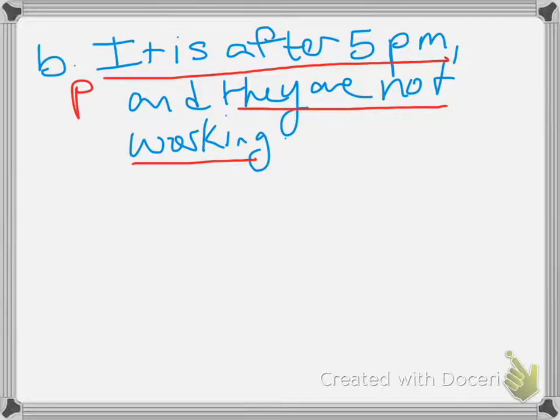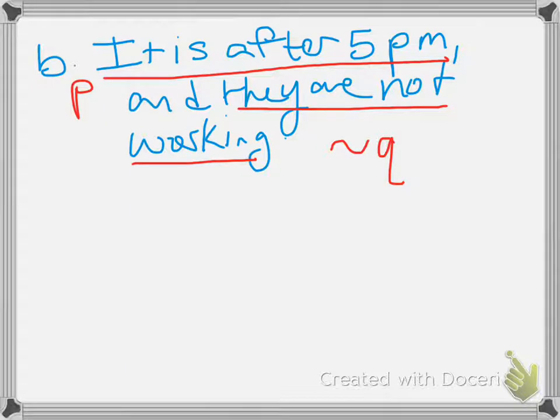Q was they are working. This is they are not working, so that's going to be the negation of Q. By the way, that's how I usually write negation, with the squiggly line.